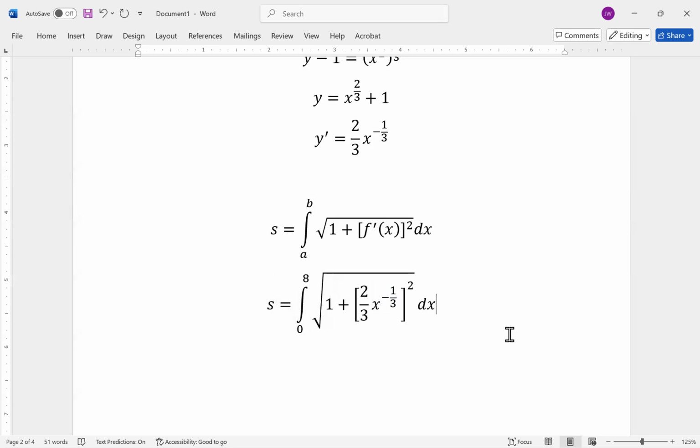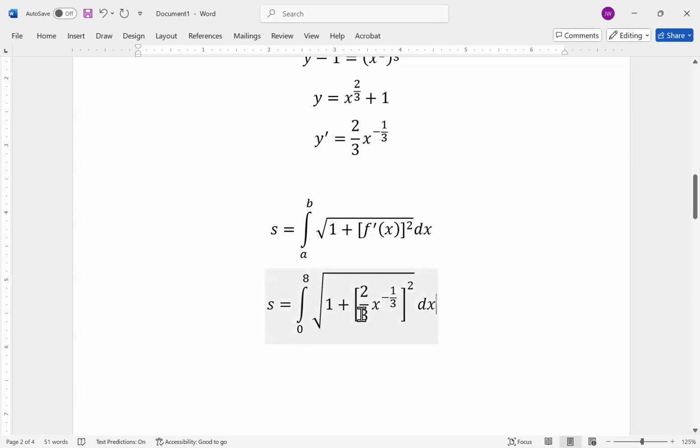This, again, is something that I'm going to plug into my calculator and get an approximate value for. And when I do that, hopefully I type it in correctly.